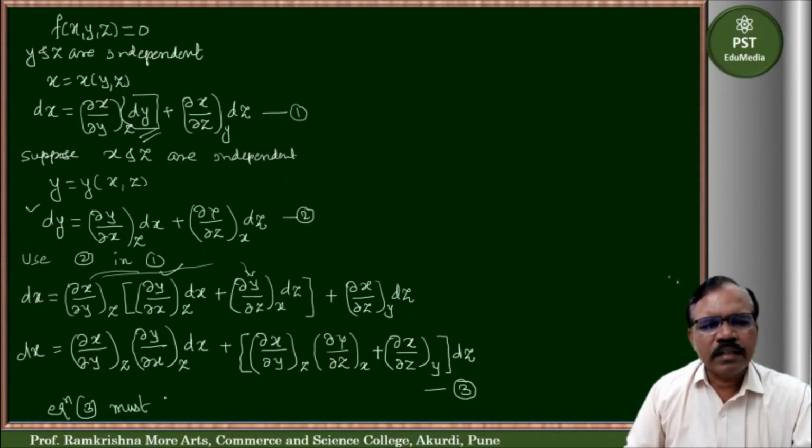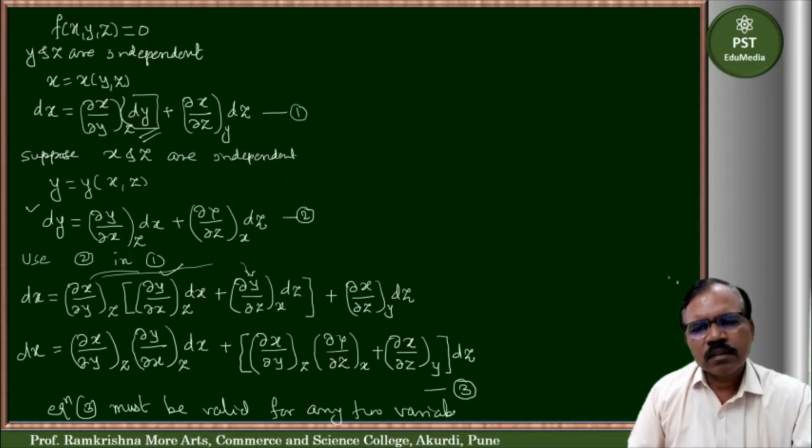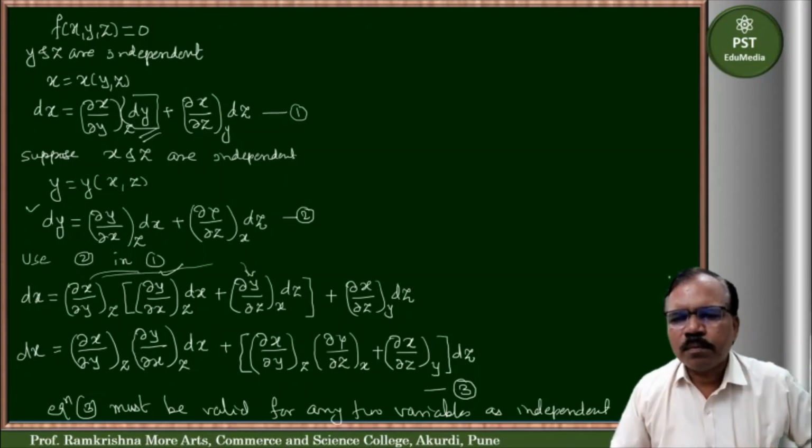Now equation 3 must be valid for any two variables as independent out of x, y, z.